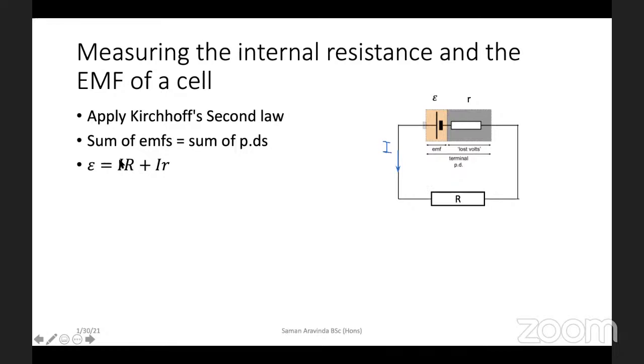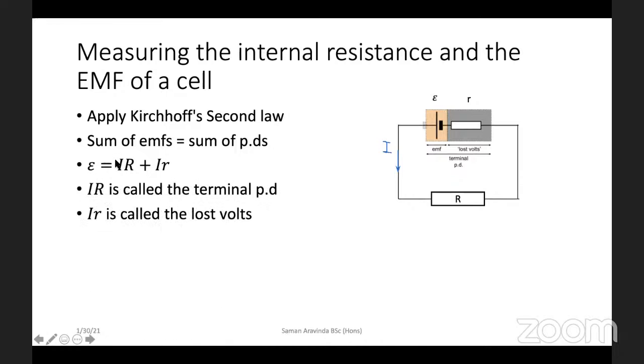So the potential difference across the load resistance, IR, is equal to epsilon minus Ir, because this particular voltage we are not using. That's why when we measure the voltage of a battery, it is a little less than what is rated.